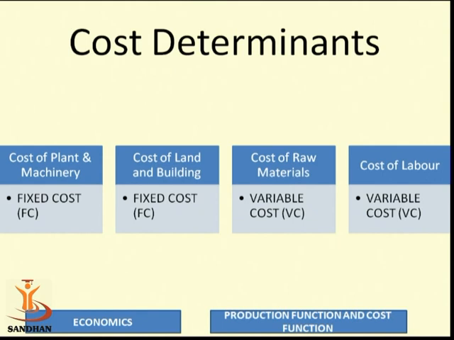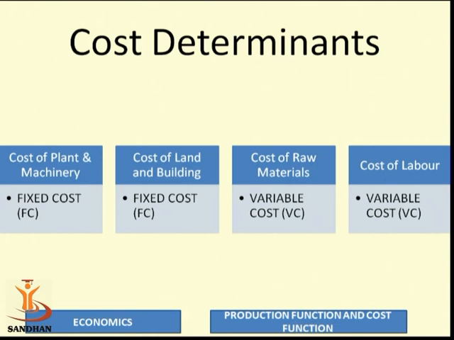Let us see some of the important cost determinants. The first, cost of plant and machinery. Second, the cost of land and building. Third, the cost of raw materials. Fourth, the cost of labor. My dear students, you can find a difference between these. What difference you can find? The difference here is that the first two talk about the cost incurred in the fixed assets.